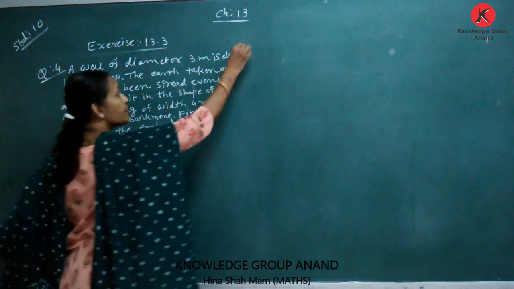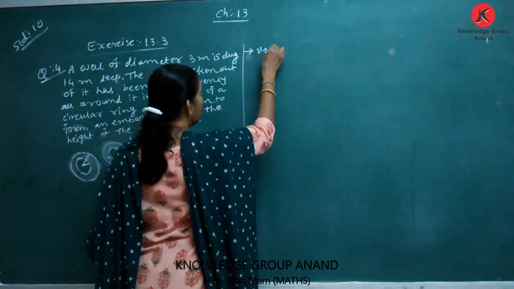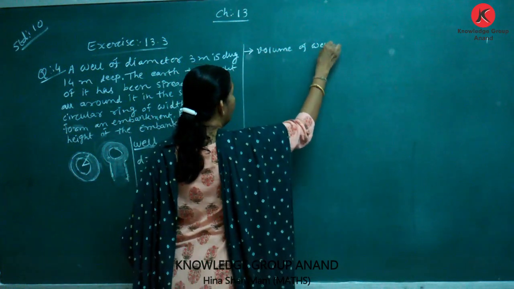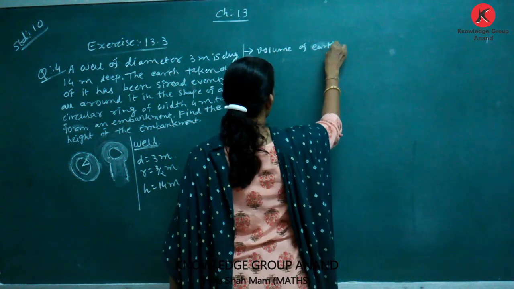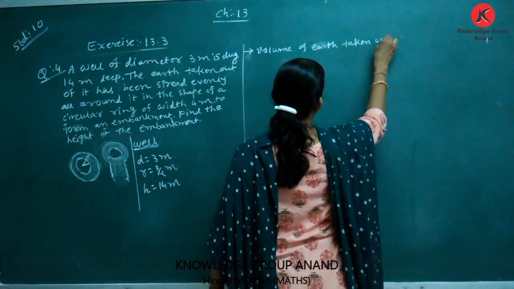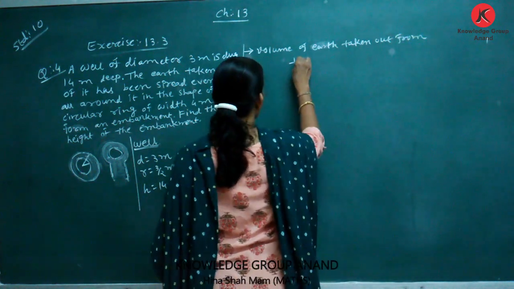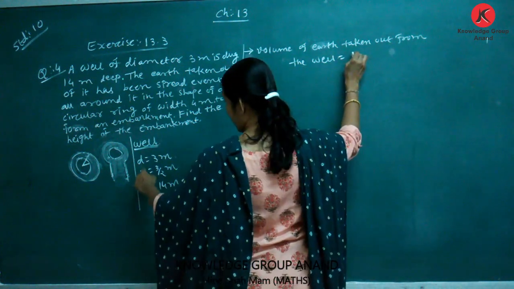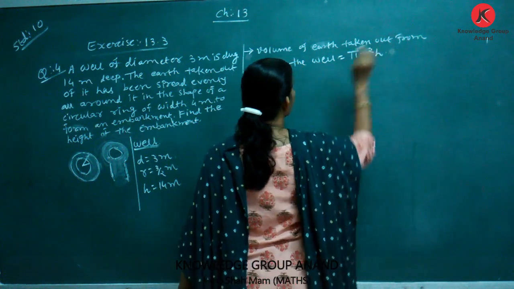Here, first we find the volume of the well, the volume of earth taken out from the well, which is equal to pi r square h, since the well is cylindrical in shape.